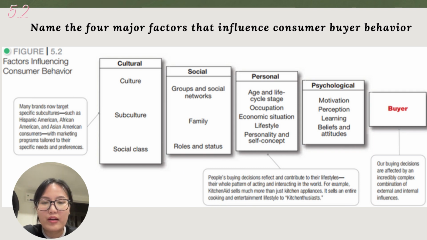The four categories are cultural, social, personal, and psychological. These are the four main categories that affect buyers in their buying decision. So that is something that we need to improve and focus on to make the buyer buy more of our products.